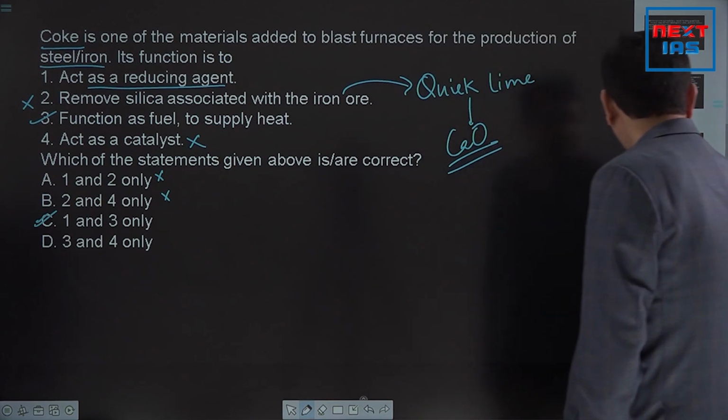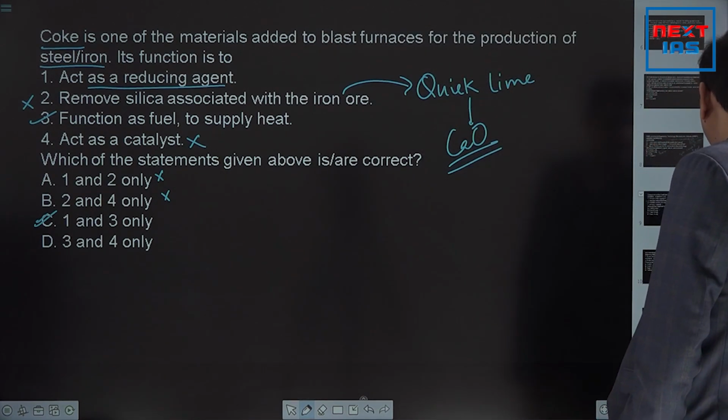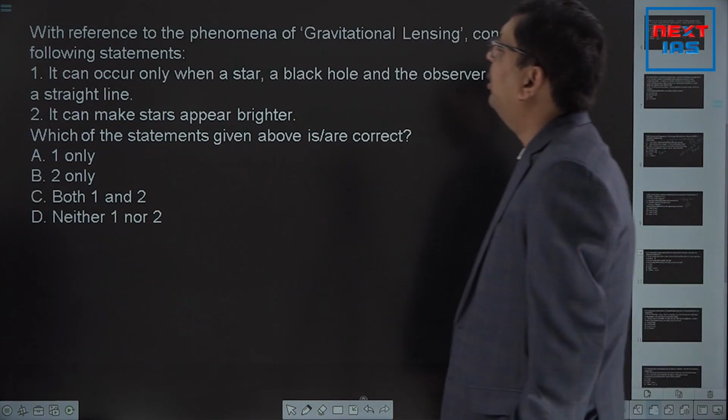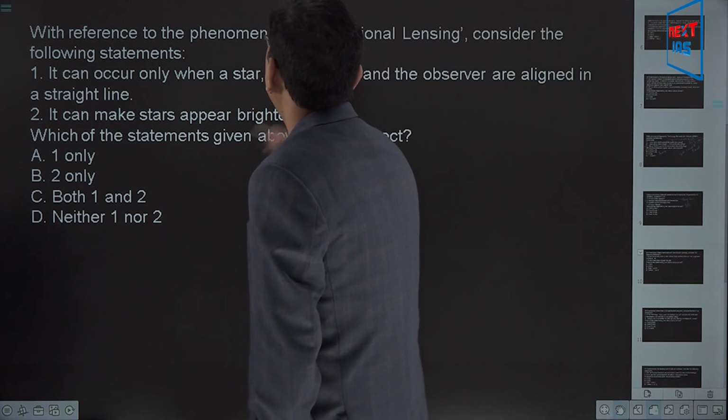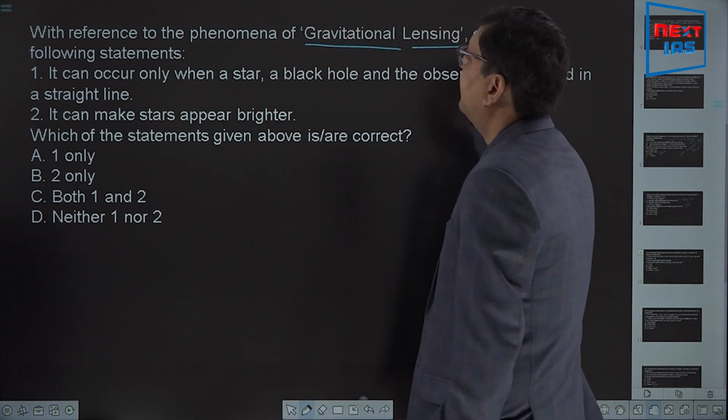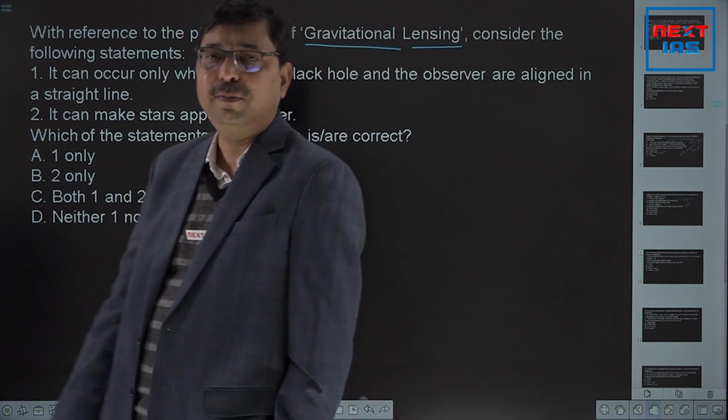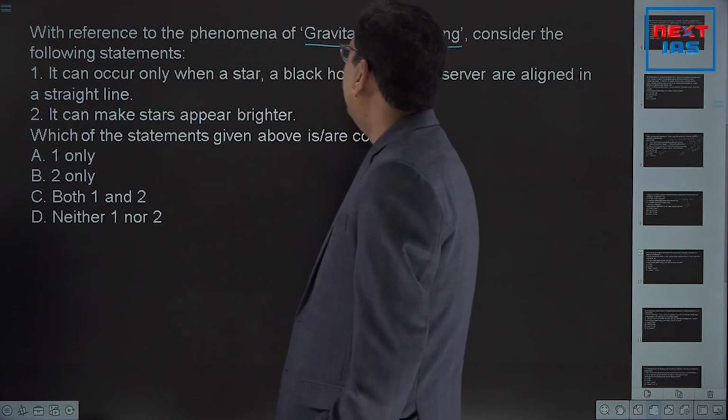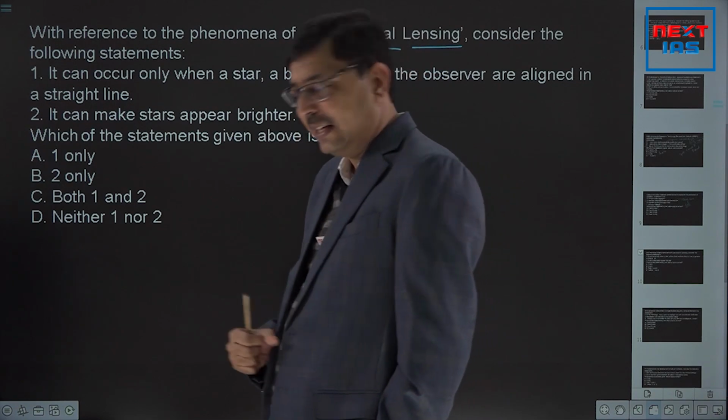Fine. Now after this, gravitational lensing. With reference to the phenomenon of gravitational lensing, consider the following statements. What is gravitational lensing?